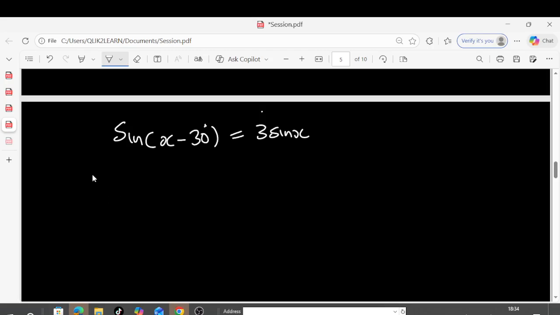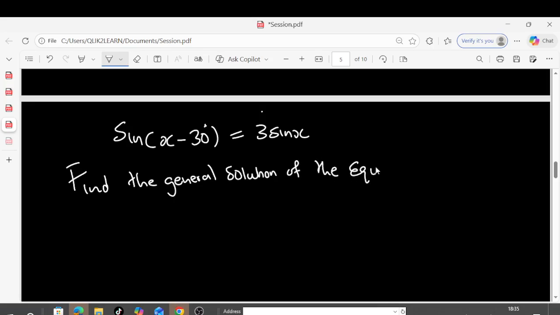Find the general solution of the equation. How can we find the general solution?